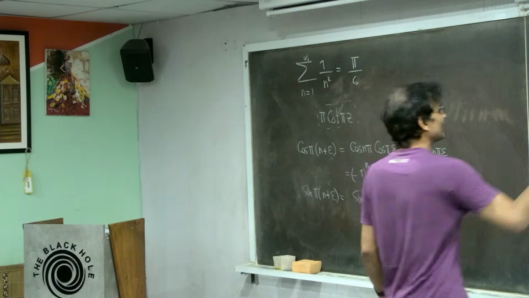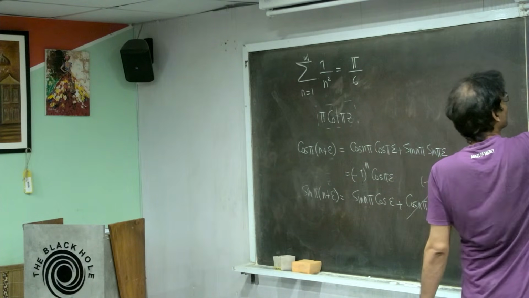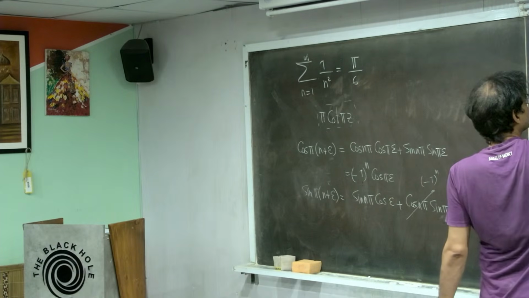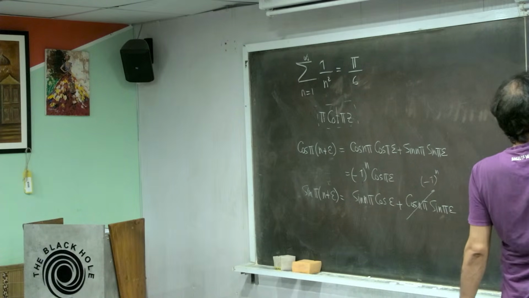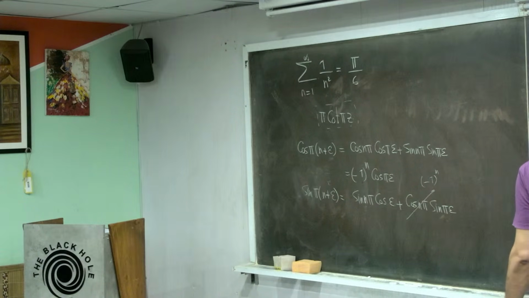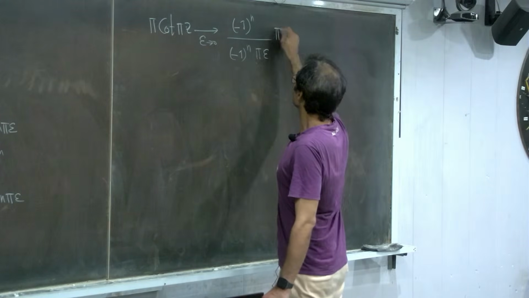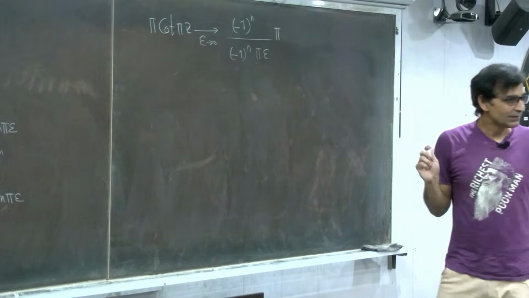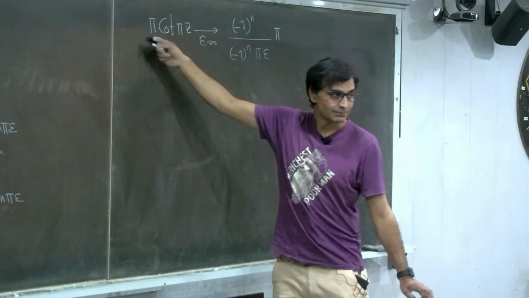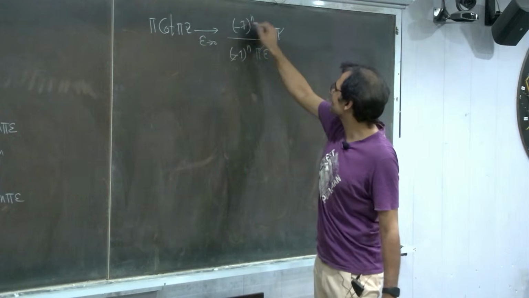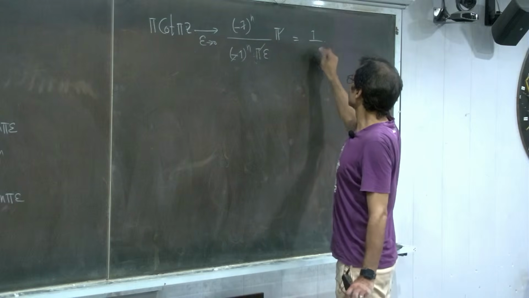So now if you write pi cotangent pi z, when you take epsilon equal to 0, you can write minus 1 to the power n over minus 1 to the power n times pi epsilon, and this cancels, so this is 1 over epsilon.